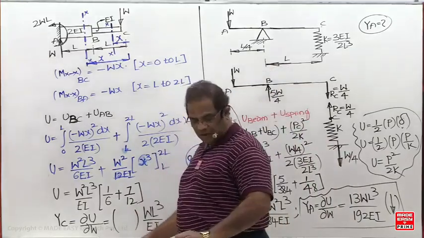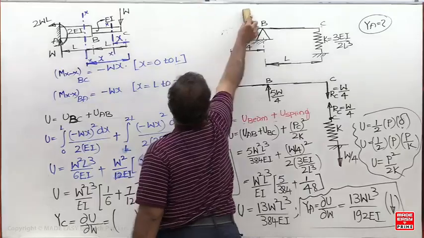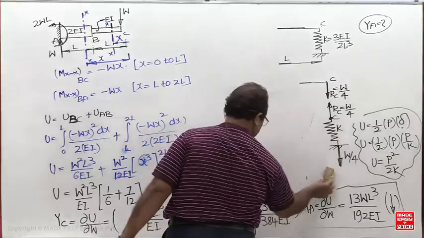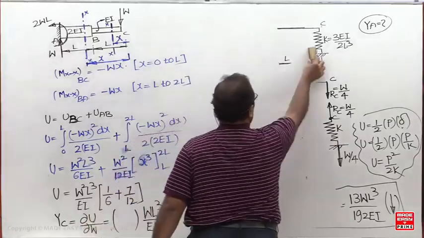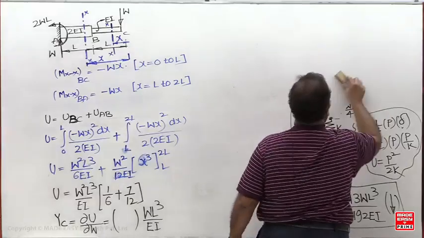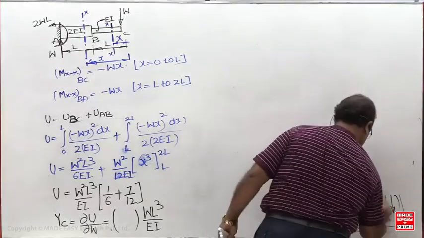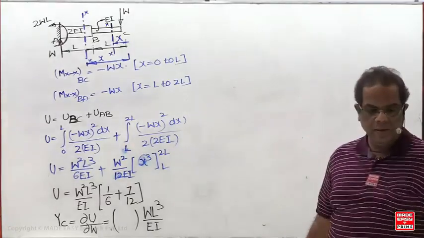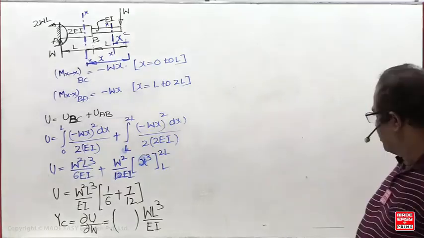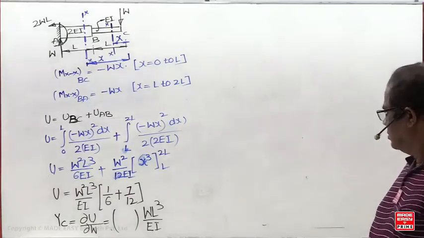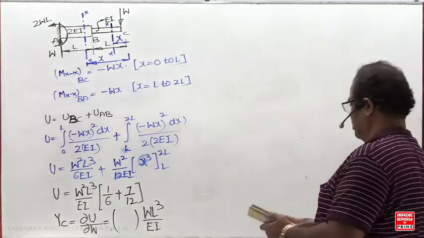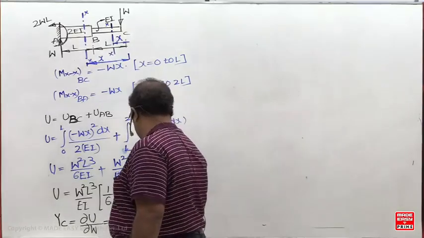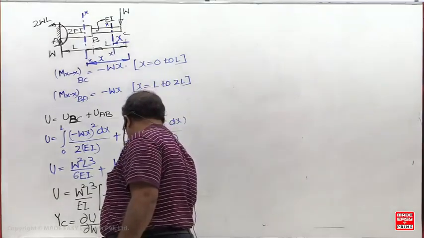Anybody have the final constant? Can you give it quickly? Nine by 12. This is 9 by 12, but overall this one is 9 by 6, you will get it, I hope.